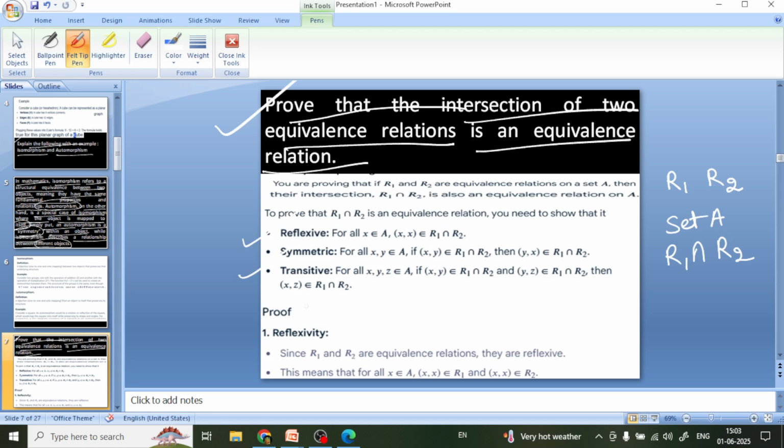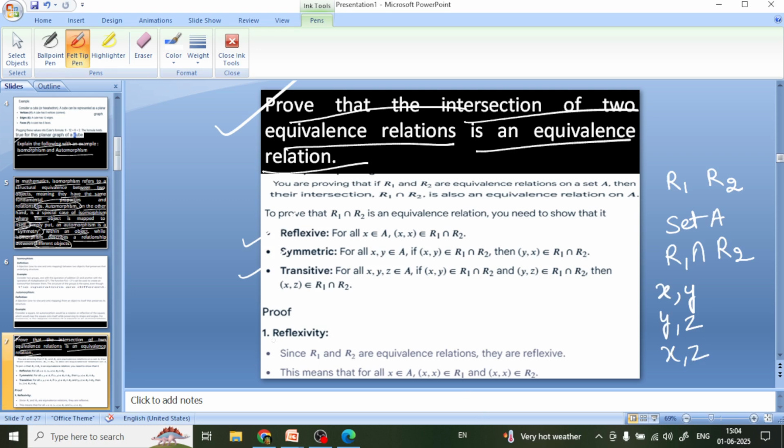And in the transitive property, for all x, y, z belonging to A, if (x, y) belongs to R1 intersection R2 and (y, z) belongs to R1 intersection R2, then we can say (x, z) also belongs to R1 intersection R2.